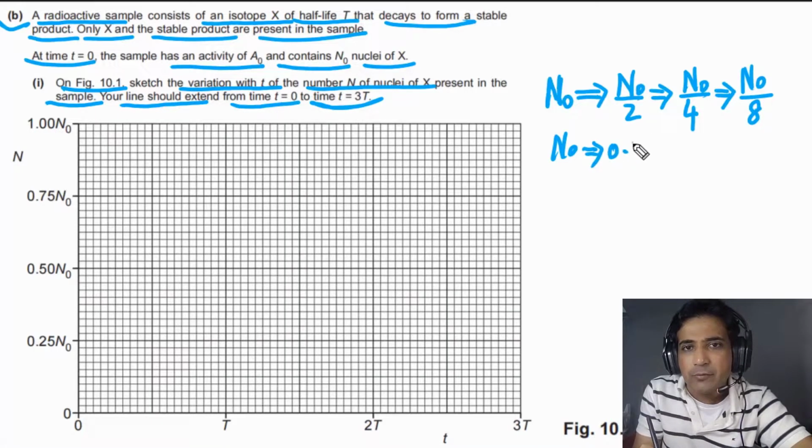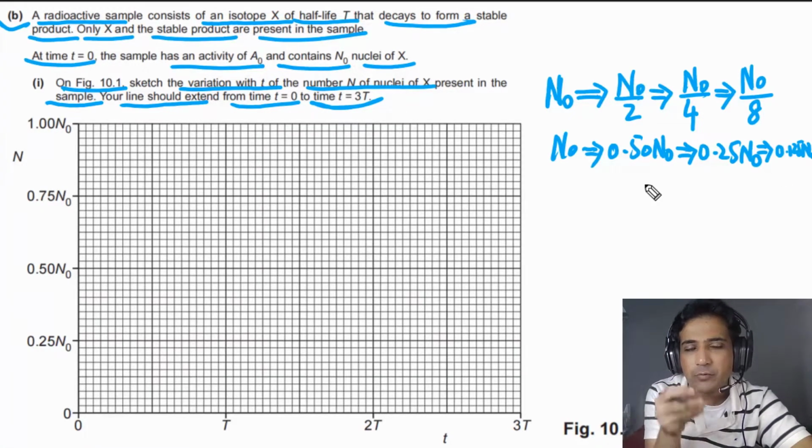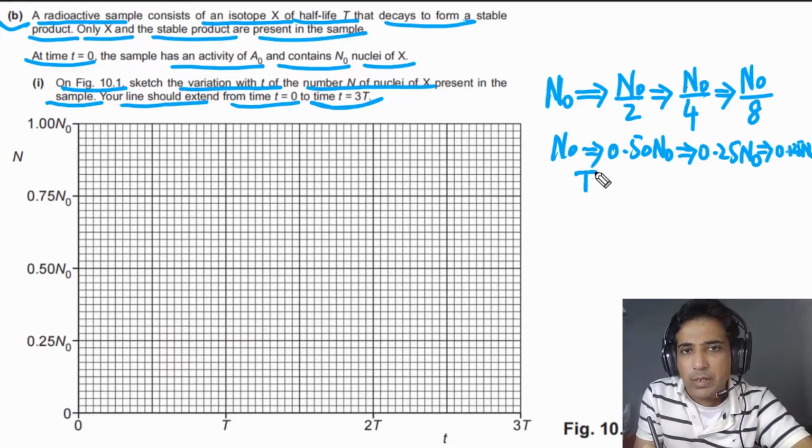So here we will have 0.50 N0 nuclei of X, and then 0.25 N0, and then finally, after 3 half-lives, we will have 0.125 N0. So these are the number of nuclei of X after 1T, 2T, and 3T.